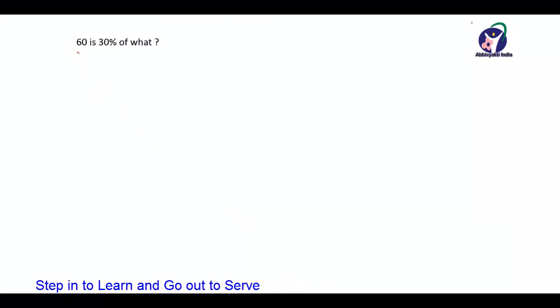Here is another. 60 is 30% of what? So we can write it as 60 is 30% of x. Since "of" is followed by x, x will be the base, so it will go to the denominator and 60 to the numerator.